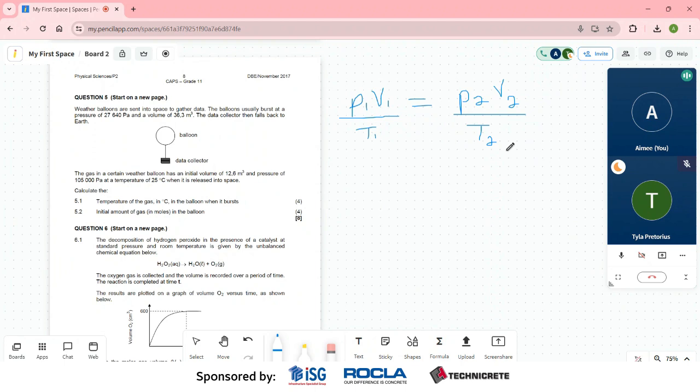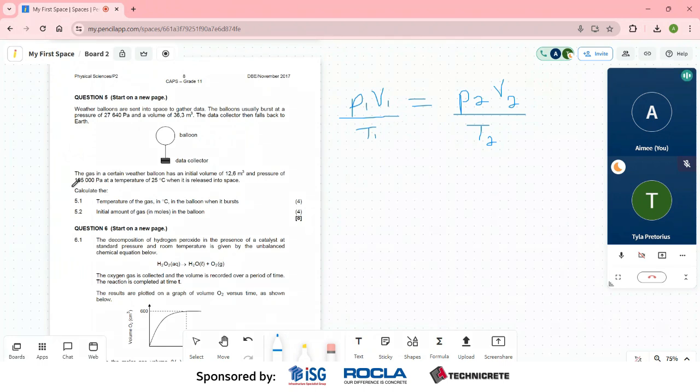So there has to be two sets of information when this formula is applicable. So remember, where the balloons usually burst, and the gas in a certain weather balloon has an initial volume. So these are our initial values. These are going to be the values we plug into P1, V1, and T1.